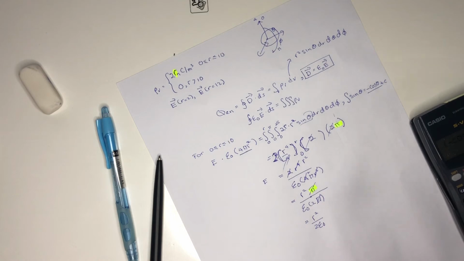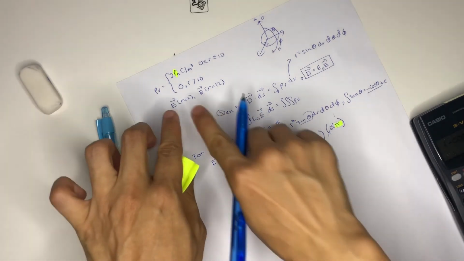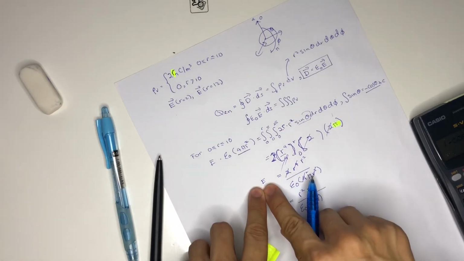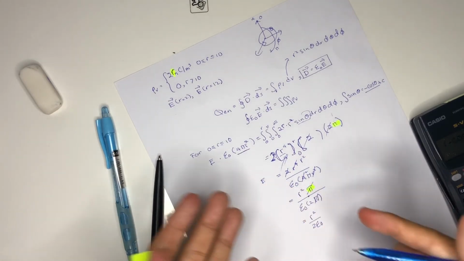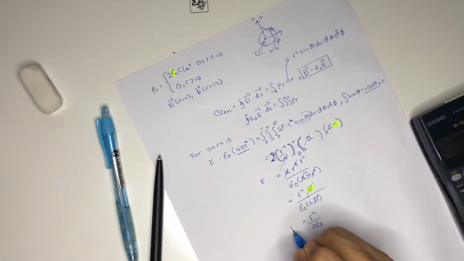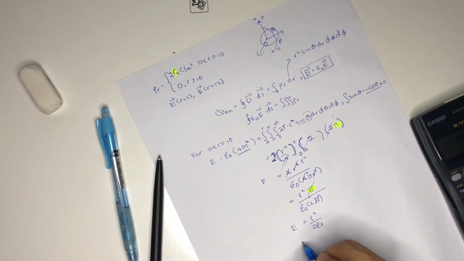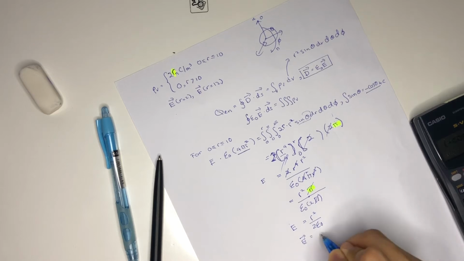Remember, the question is asking about the vector. So the equation that we solved contains only the magnitude. So we need to find, this is your E, so what is your vector?